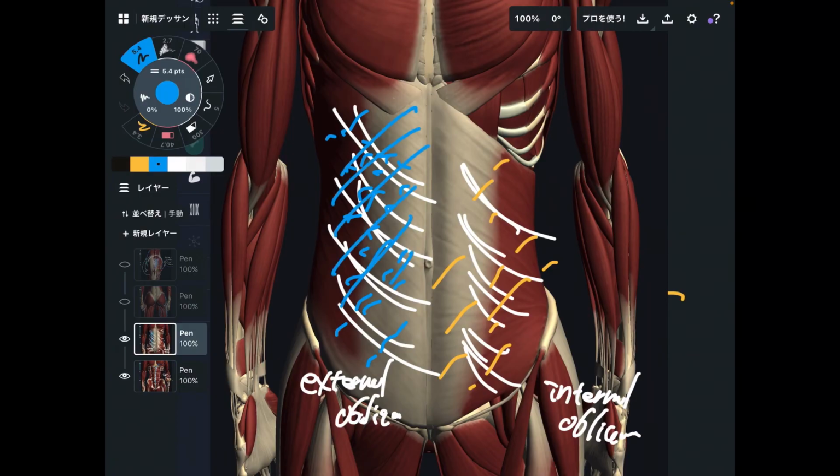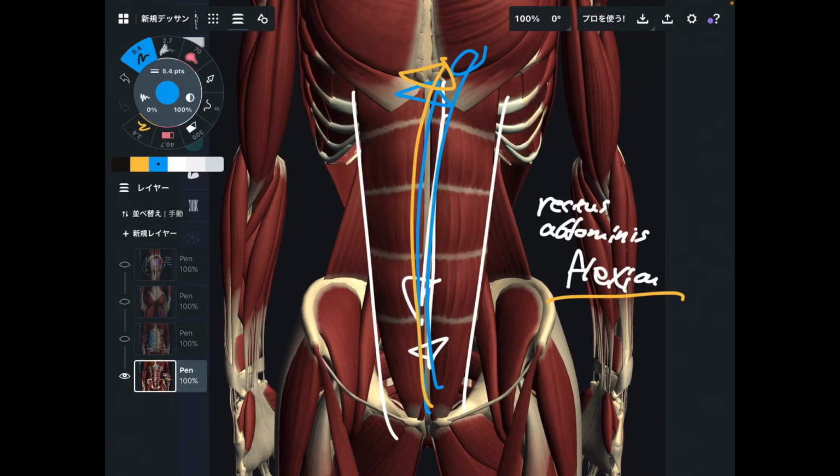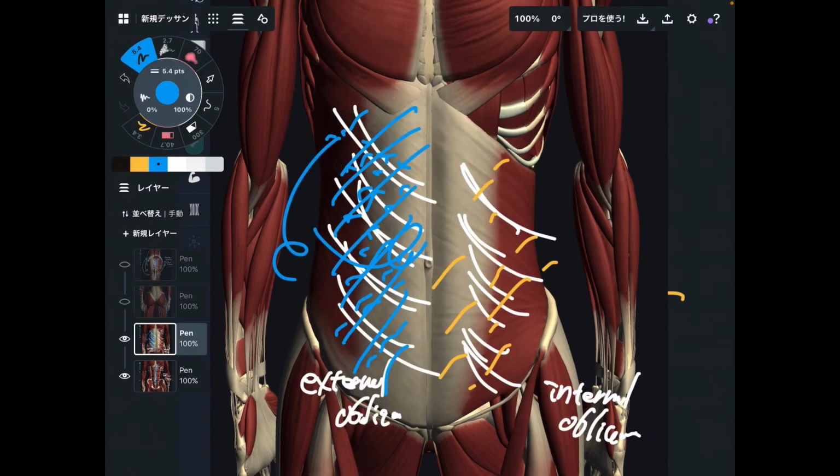When one side of these muscles contract, that does slightly different functions. They do side bend and rotation. When both sides contract, that do trunk flexion. It's important to distinguish. Anyhow, abdominal muscles do trunk flexion plus posterior tilt. Rectus abdominis and external oblique, internal oblique.